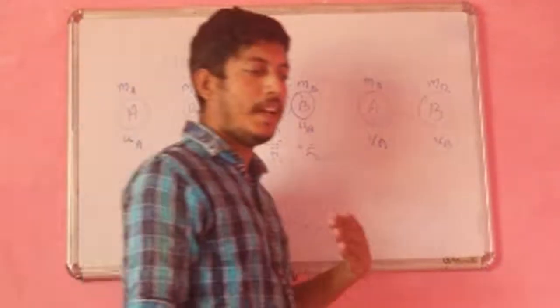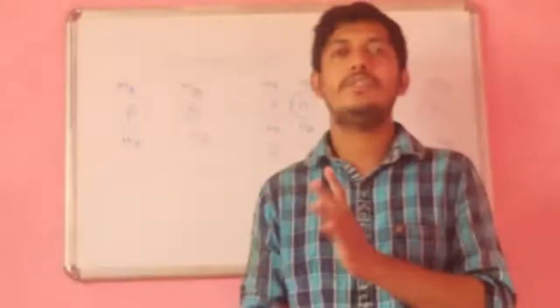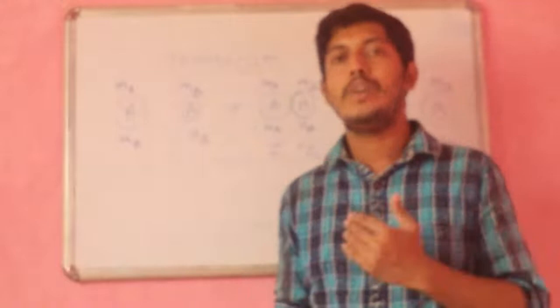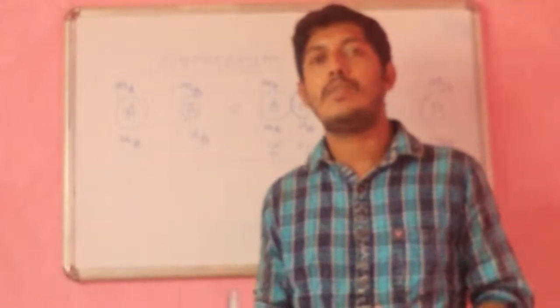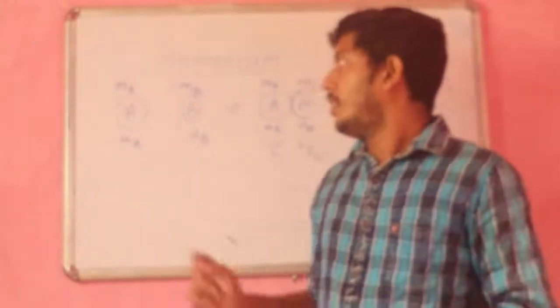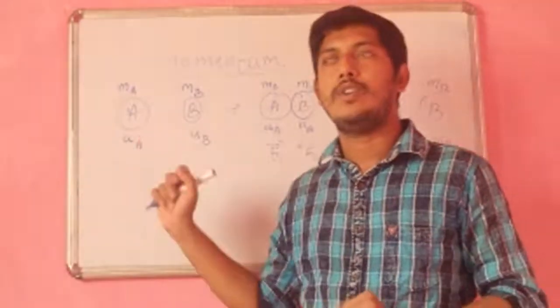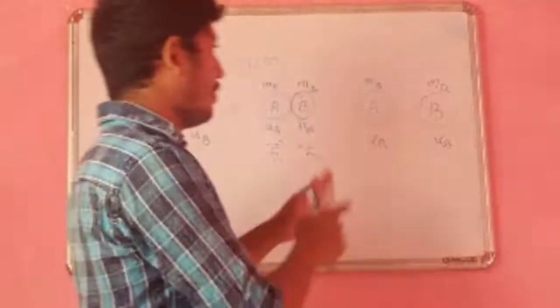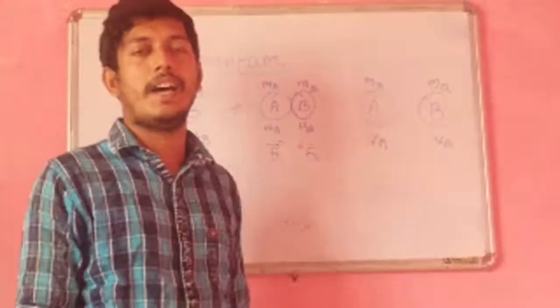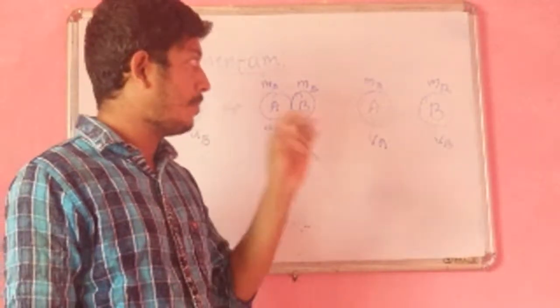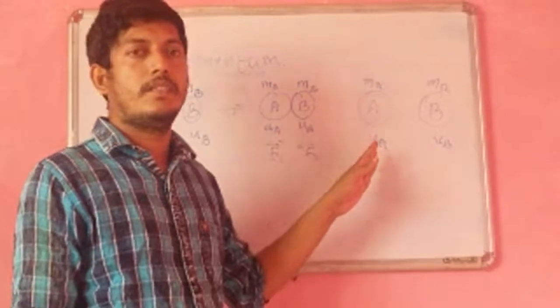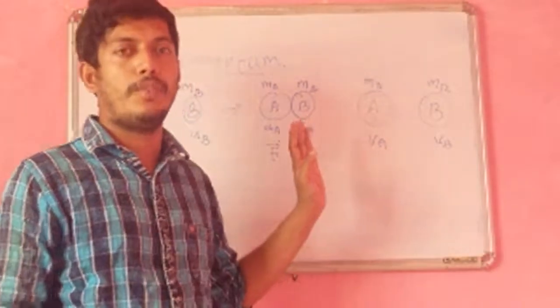So mA and mB are the masses of the objects before collision, at the time of collision, and after the collision. uA and uB are the initial velocities of object A and object B. And after collision, vA and vB are the final velocities of the objects.